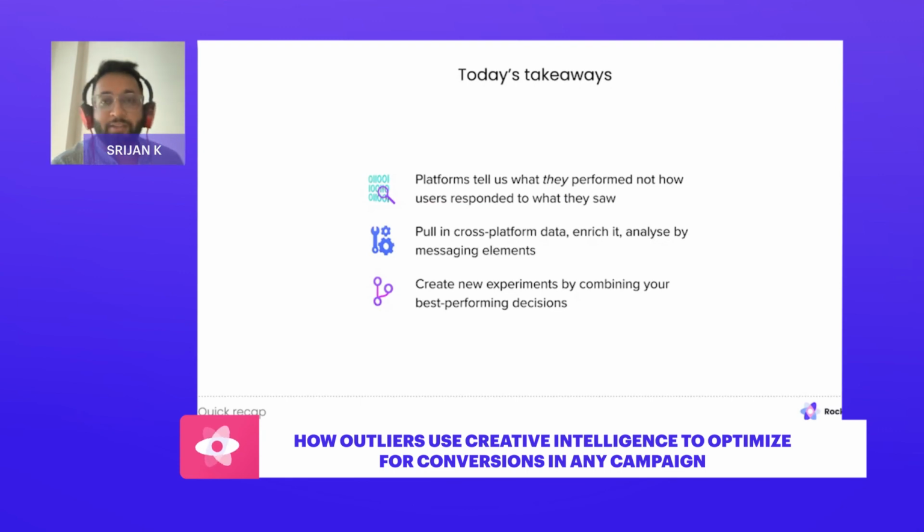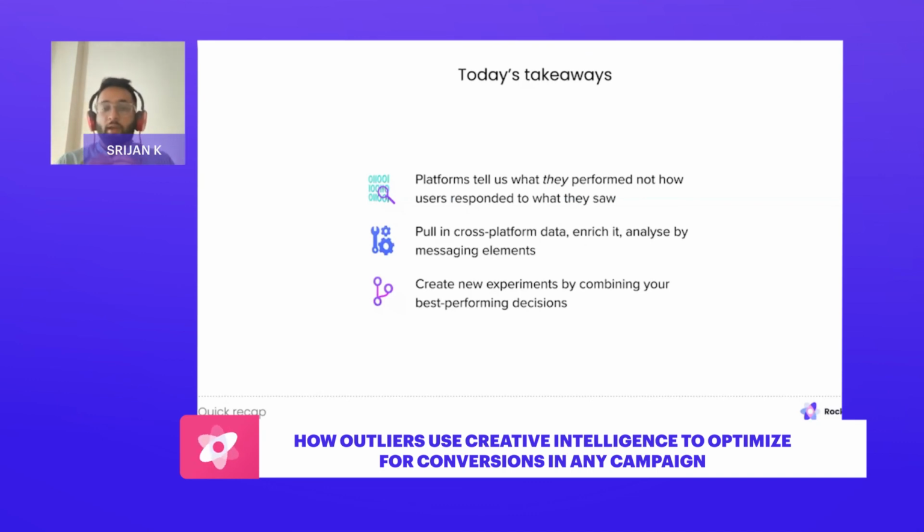Talking about the key takeaways from this session, we talked about how platforms tell us what performed, but we never get to know how users responded to what they saw. In the demo, I covered how you could first pull in cross-platform data, enrich it using AI or your own inputs, and then analyze by different elements.